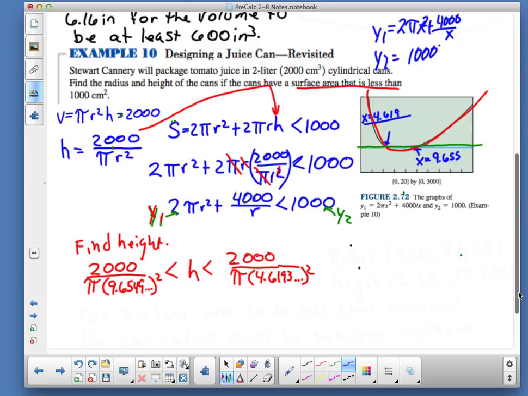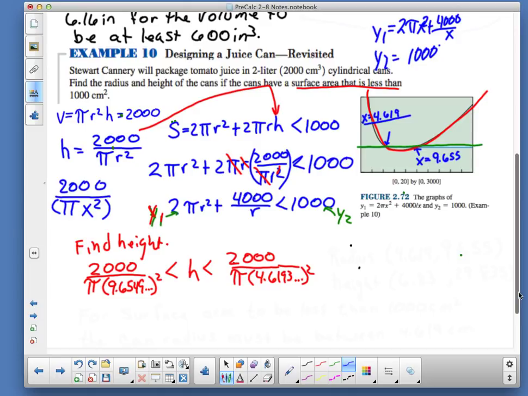Are you guys okay that the calculator returned that value? I went back to the regular screen, and I plugged in my function 2,000 divided by pi x squared, like that. I put that in the main screen because right now in my calculator, x has 4.619 in its place.